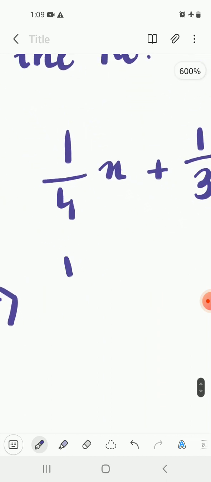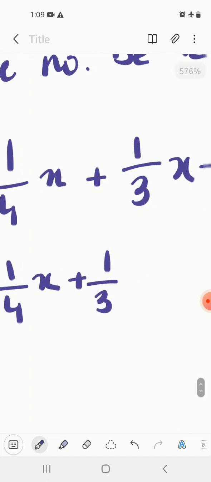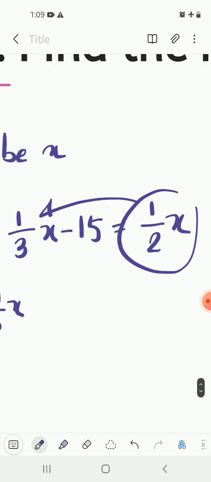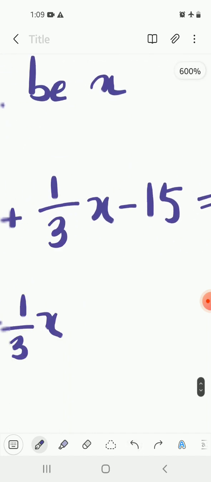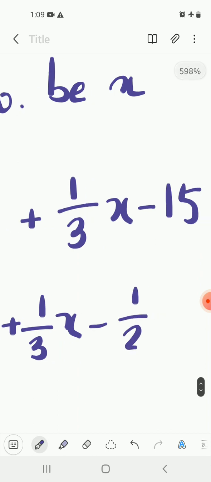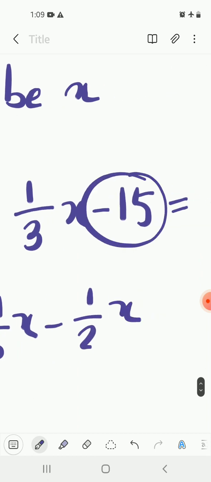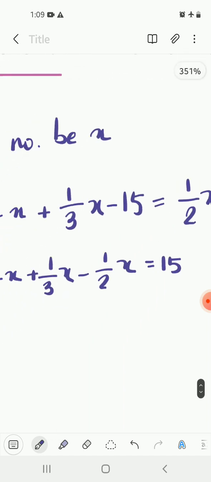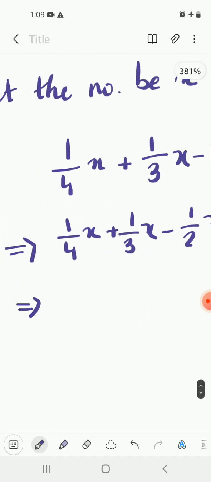All the x terms on the left hand side, that is 1 by 4x plus 1 by 3x, and bring this side, which means minus half x, and take this constant to the other side, which is equal to 15. Now we are going to solve it.